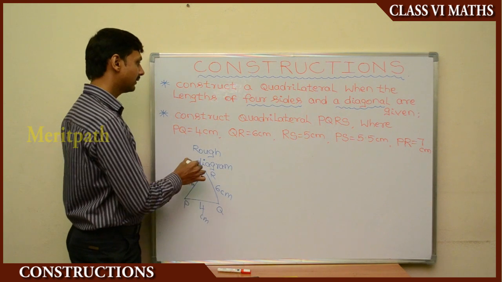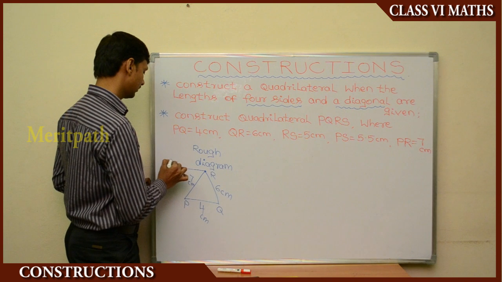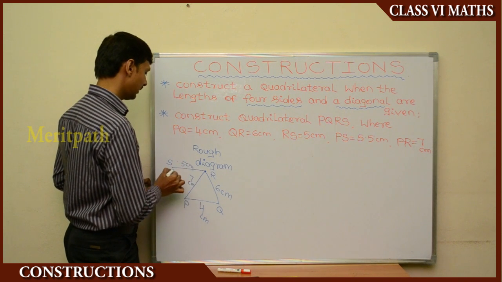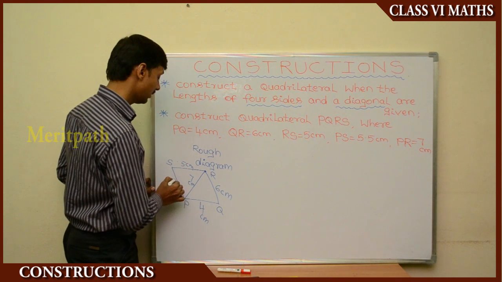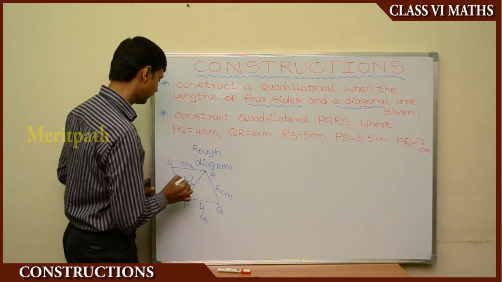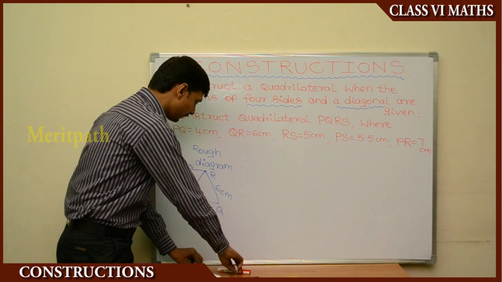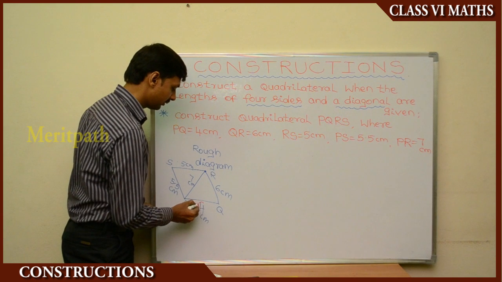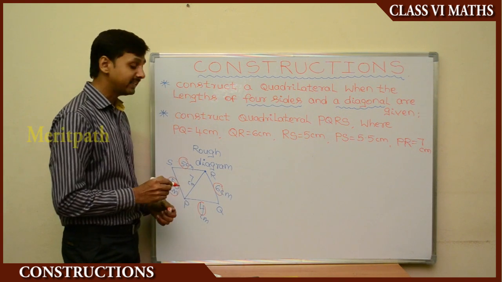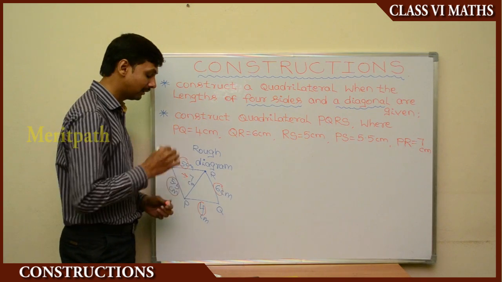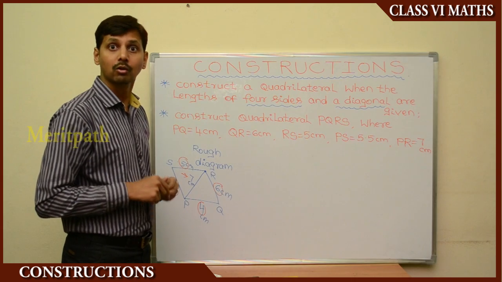And RS is 5 centimeters, it's one of the sides. And PS, or SP, is 5.5 centimeters. So here we have 4 sides: this is one of the sides, second, third and fourth. 4 sides and one of the diagonals. This is the diagonal. Using 4 sides and one diagonal we need to construct the quadrilateral.